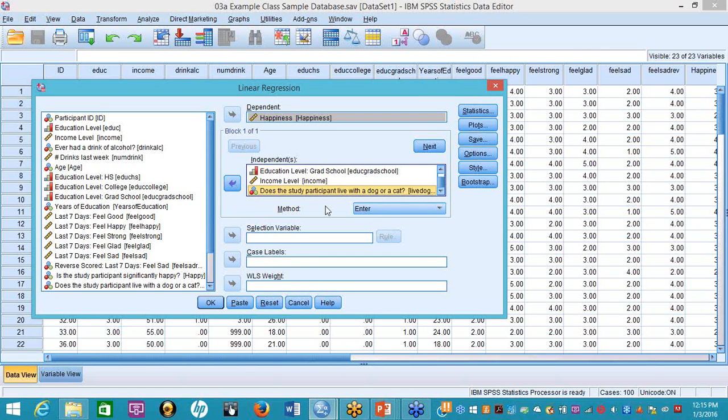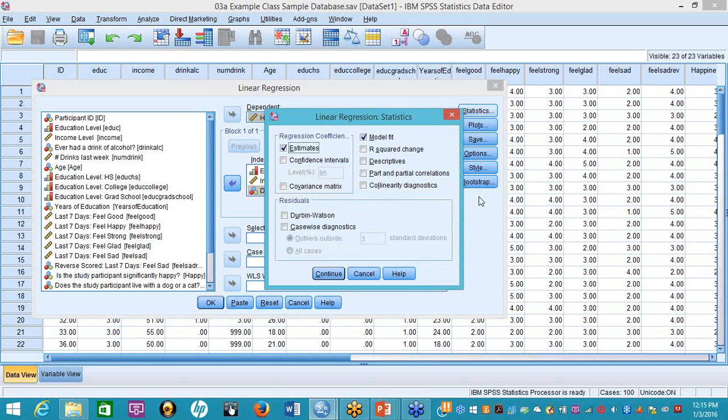Now we also might choose to go under Statistics and click collinearity diagnostics. That's what gives us our values for multicollinearity, the intercorrelation between the predictors, which is one of the test assumptions. And continue.